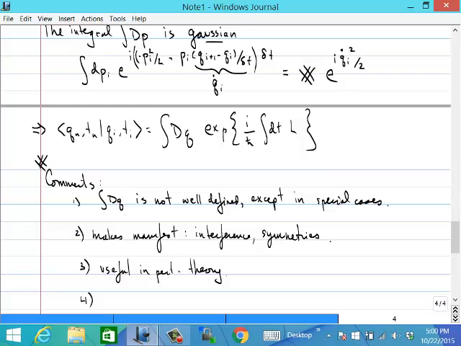It is literally the case that the amplitude involves the sum of those two different paths with a phase factor, and depending on what that phase factor is, you could have constructive or destructive interference. But although the path integral is conceptually useful, calculationally it tends to be not a very useful tool.